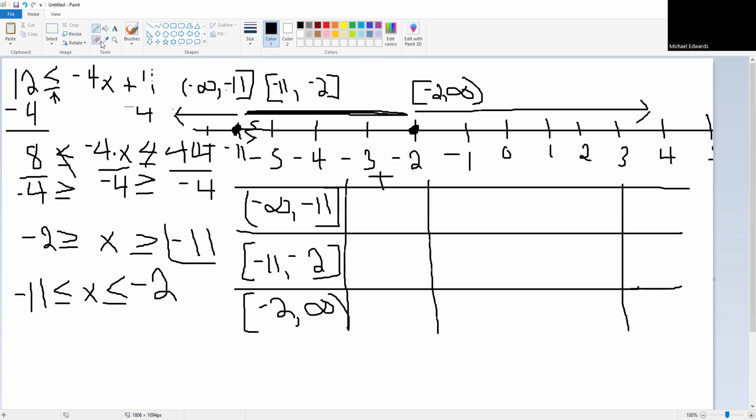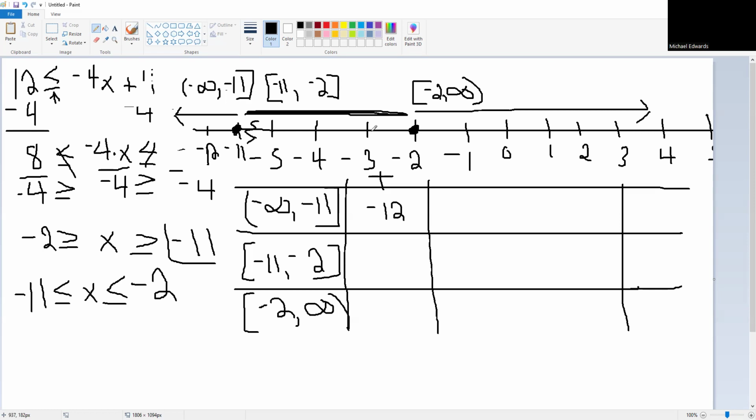Let me just make this a little cleaner. I'm going to have to start making more space. It would be negative 12. So if we're going on this graph this way, our next number is negative 12. Okay, let's go ahead and pick our numbers. Negative 11 to negative 2. So we basically just find a number in here.